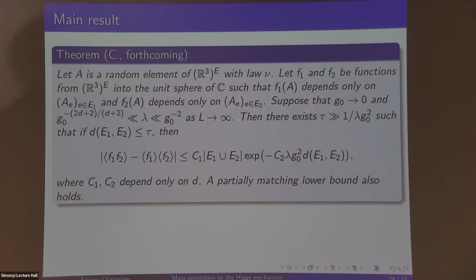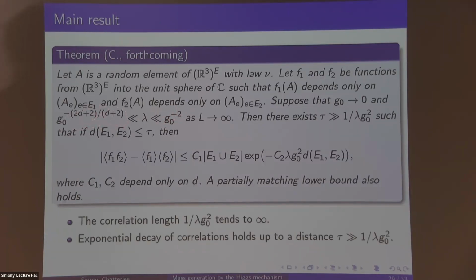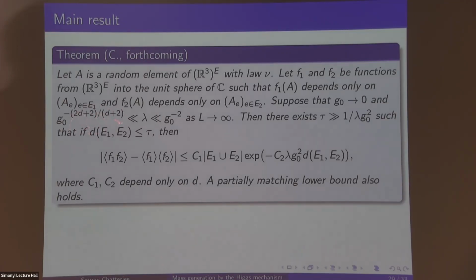And suppose we have G0 go to 0 and lambda go to infinity, but satisfying these constraints. So it's going to infinity, but slightly slower than 1 over G0 squared, and faster than something a little bit less than 1 over G0 squared. So actually, it will be pretty close to 1 over G0 squared.